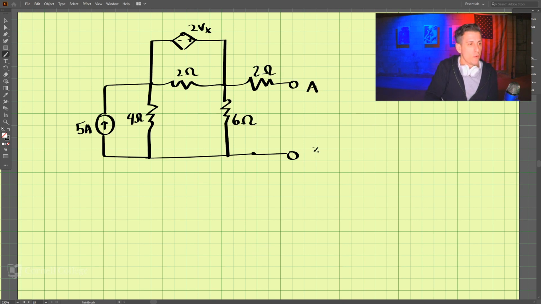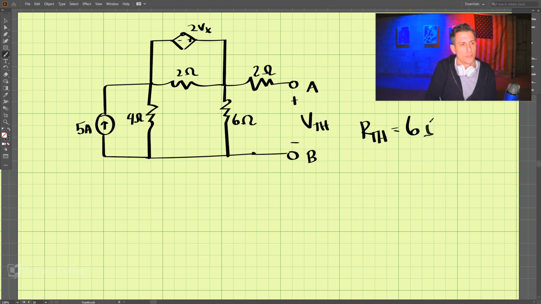And we are looking for the voltage between here and here, and that will be the Thevenin voltage. So we have the Thevenin resistance. The Thevenin resistance is equal to 6 ohms. We just found that. And now we need the Thevenin voltage.